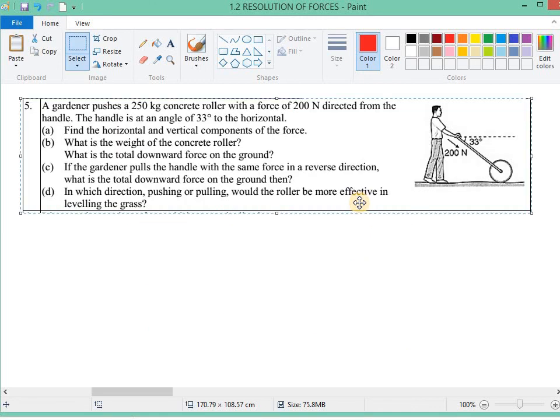Okay, number 5. Find the horizontal and vertical component of the force. Alright, so the force is in this direction, 200 Newton.